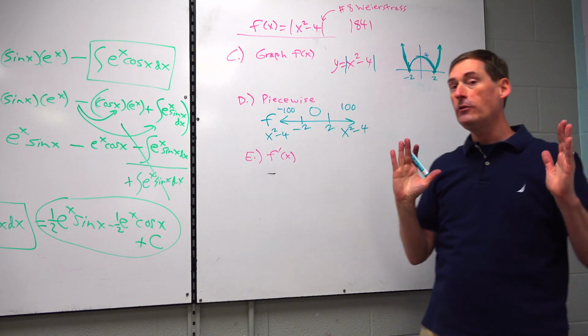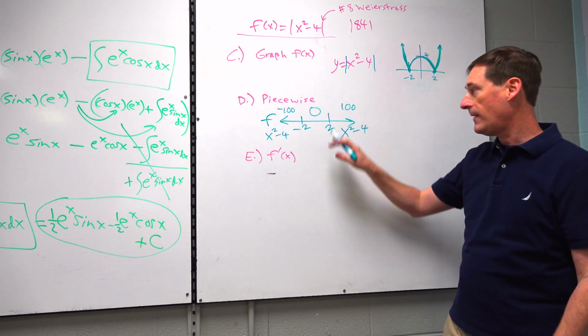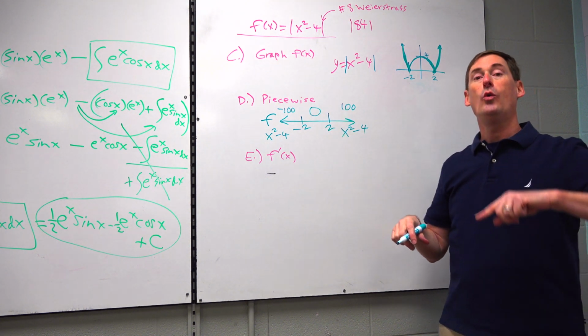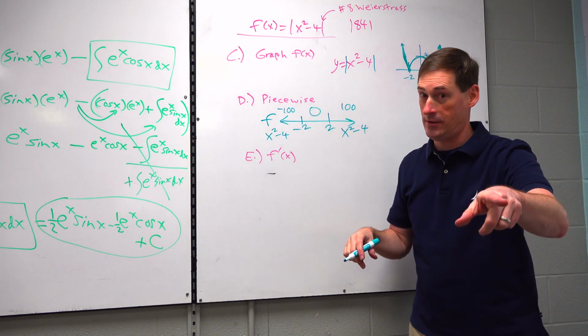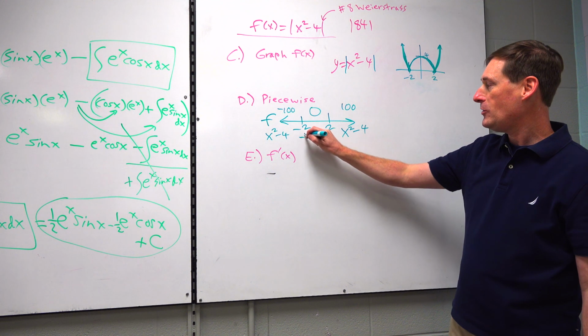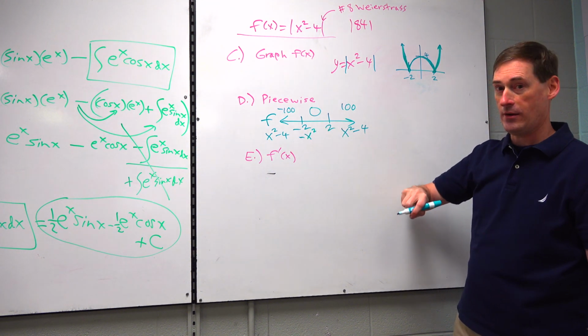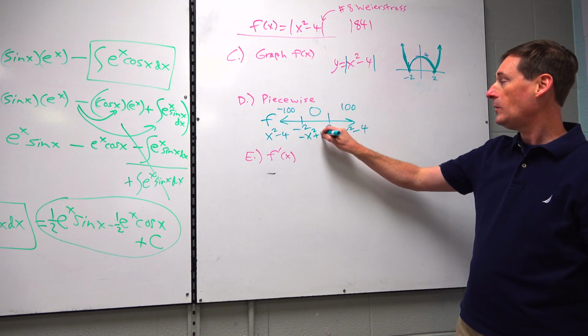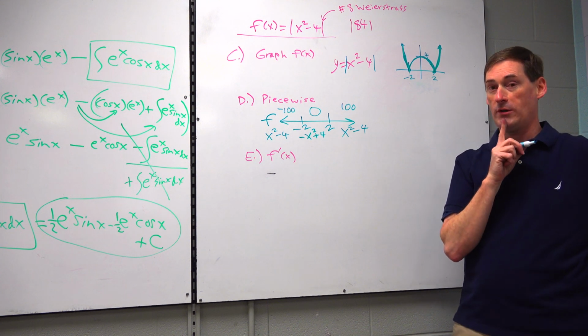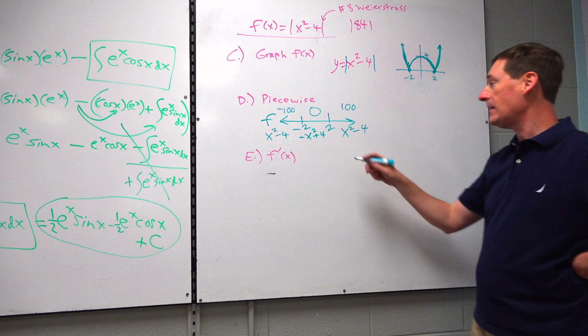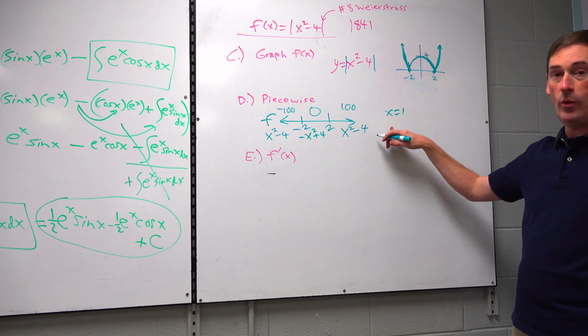So the absolute value of x squared minus 4 in this region right here will change the signs, check this out, to negative x squared plus 4, okay? So for instance, let's take x equals 1.